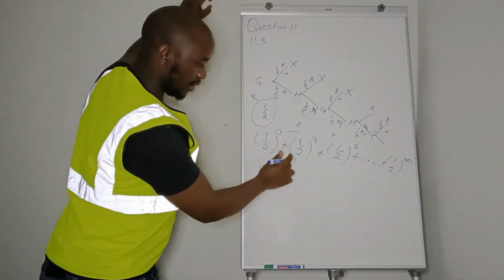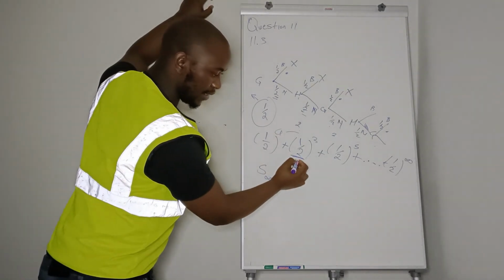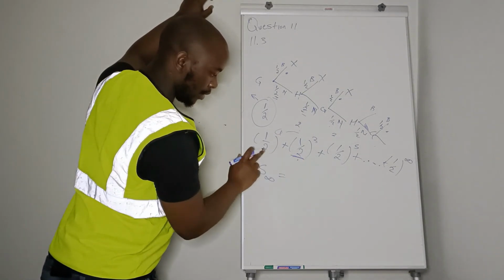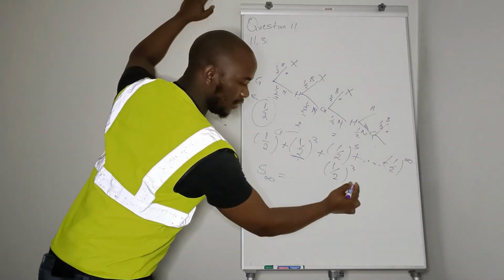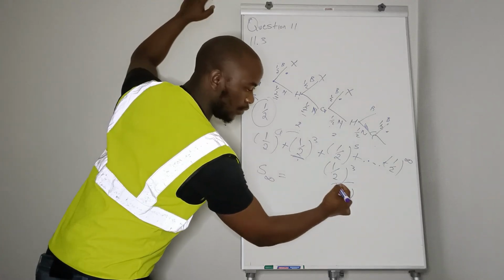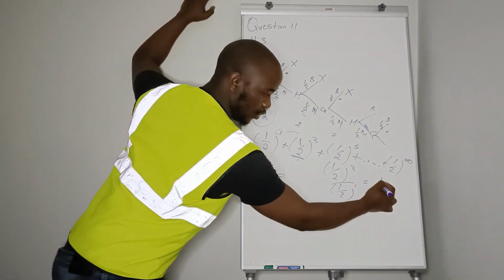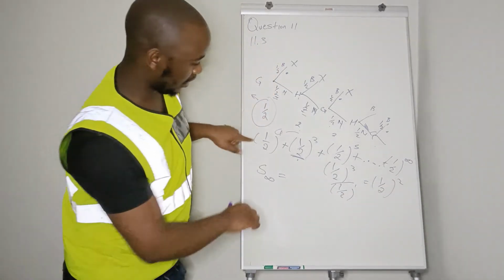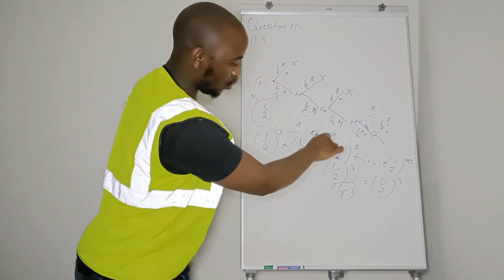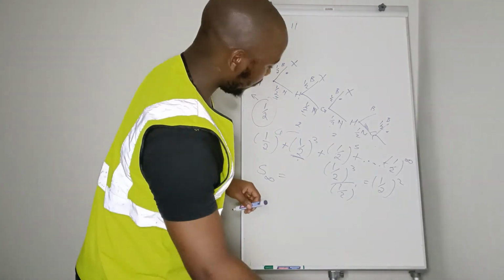So we can already see that if we take a ratio of the second term by this one, so 1 over 2 to the power of 3 divided by 1 over 2 to the power of 1, we're getting a ratio of 1 over 2 to the power of 2. So that's what I mean when I say I'm adding 2's on every term.